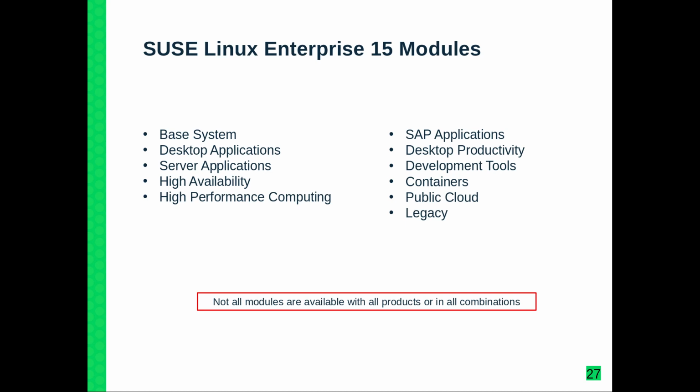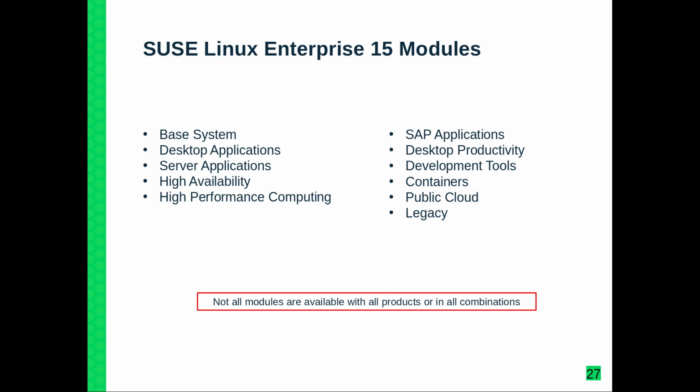You have your SAP applications, desktop productivity tools, development tools that you might want to include, containers, public cloud integration, and a legacy application module that makes it so you can integrate with older technologies that may be legacy but are still needed in order to support existing infrastructure and existing applications.